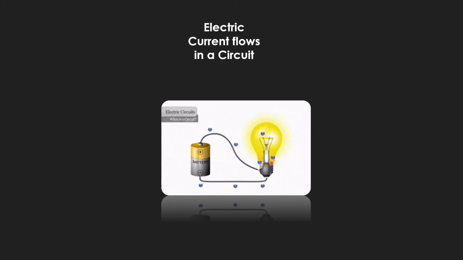In this illustration, the load is a bulb. As the electric current continues to flow, it will heat up the element of the bulb, and it will produce heat energy and light energy. So the bulb will glow, and at the same time produce an amount of heat.